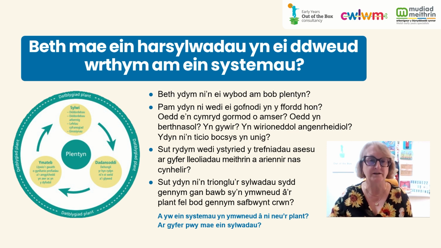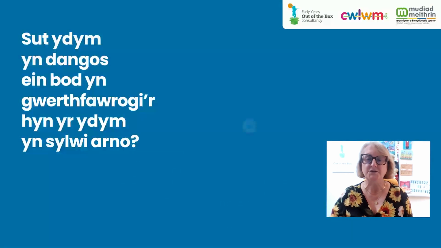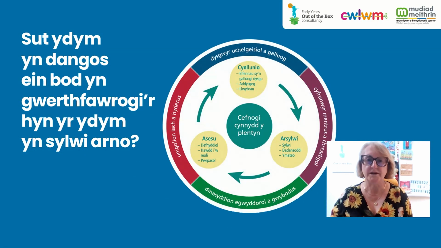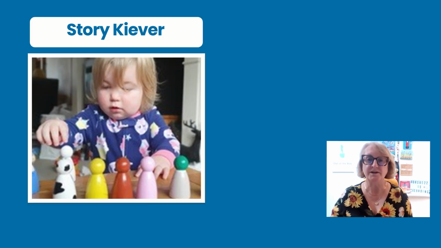You will also recognise this screen grab from one of your documents. How do we demonstrate that we value what we notice? Because children are constantly learning. This is 2-year-old Kiva, really focusing in on organising those wooden dolls.